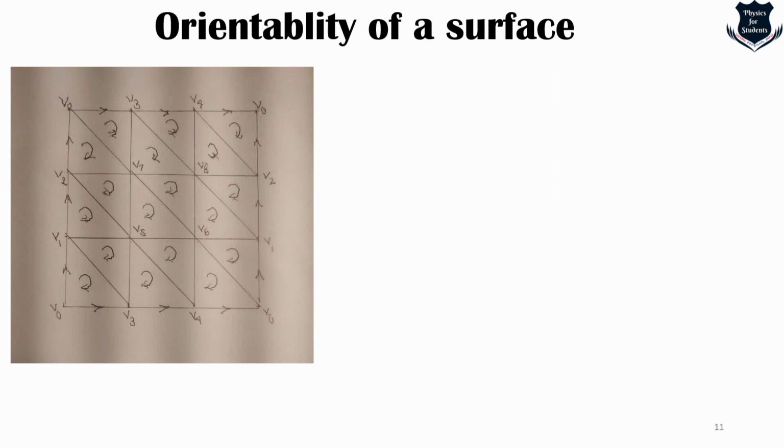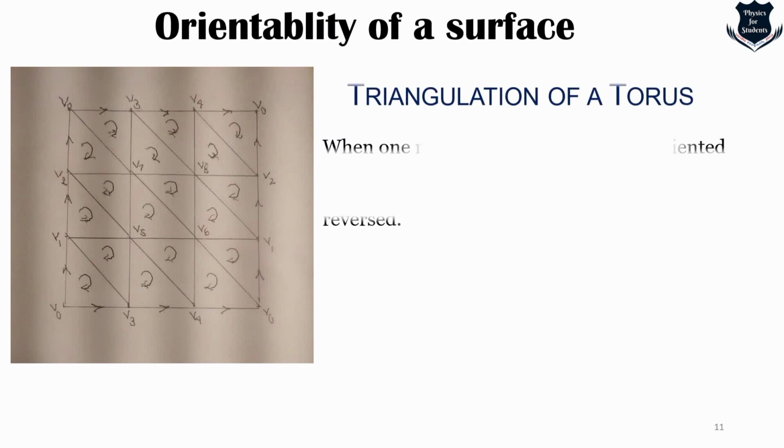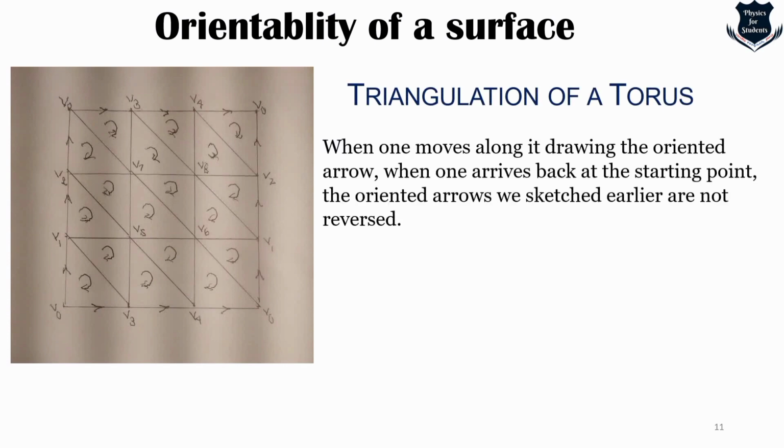Okay, further examples, I think it will make it clear. This is what is called a triangulation of a torus. Don't worry if you don't understand yet. Now you see the top, bottom, and left and right edges are identified in the directions indicated by the arrows along the edges. Inside the triangles are curved arrows indicating a clockwise orientation of the triangles.